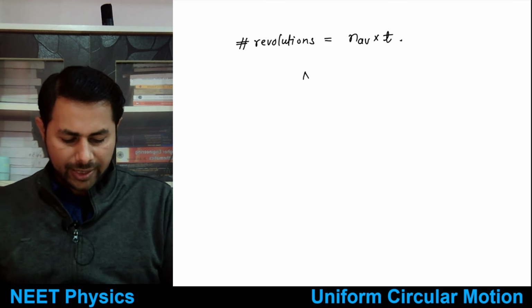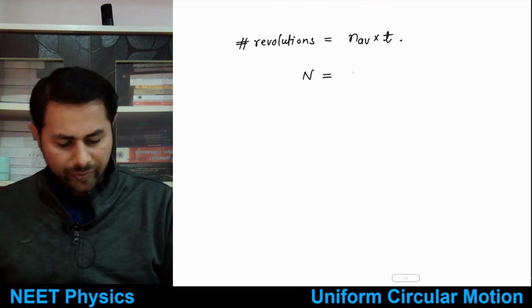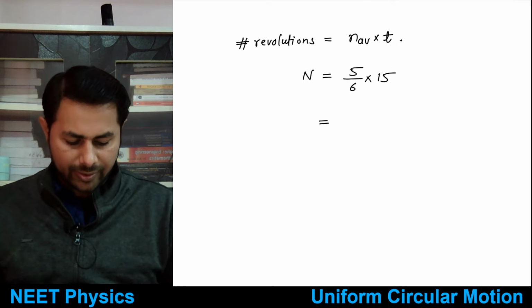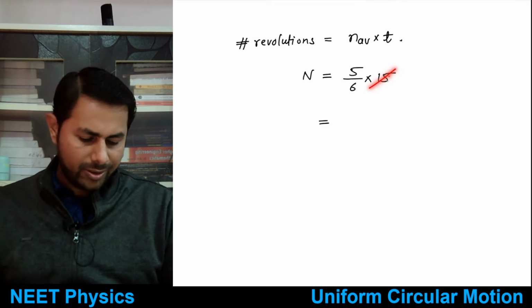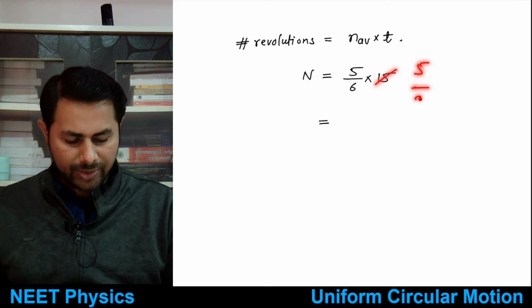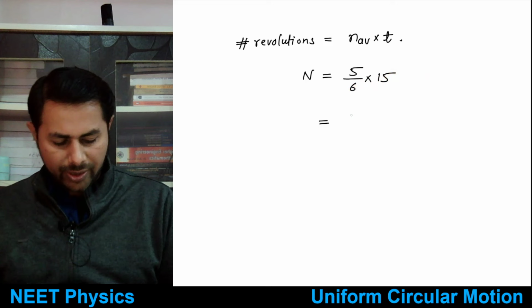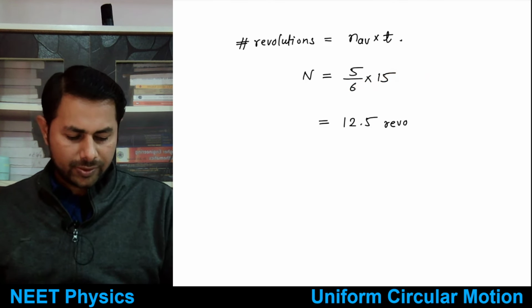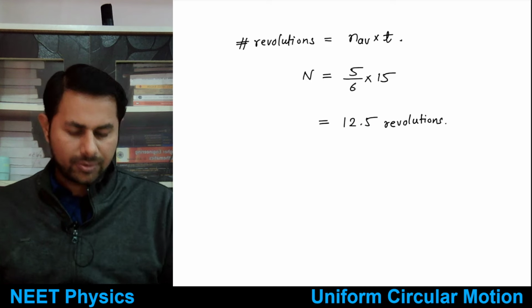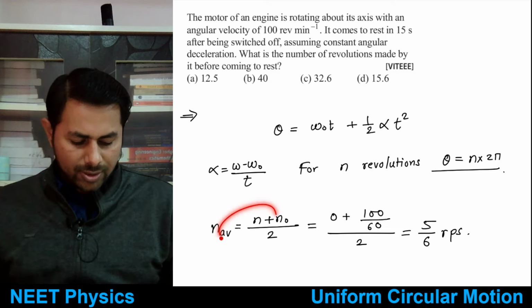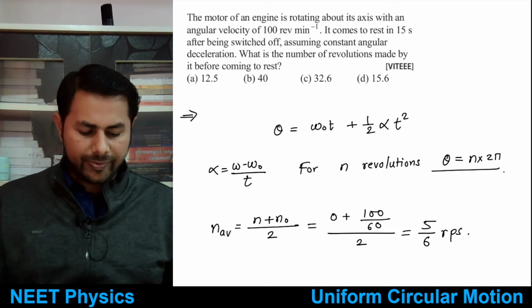Let's call it n. So n is equal to the average frequency we calculated, 5 by 6, times 15. So that is 15 by 6, I can divide by 3, so that's 5 times 5 divided by 2. 25 by 2 is 12.5. Right? 12.5 revolutions. So this is how we can solve it quickly.